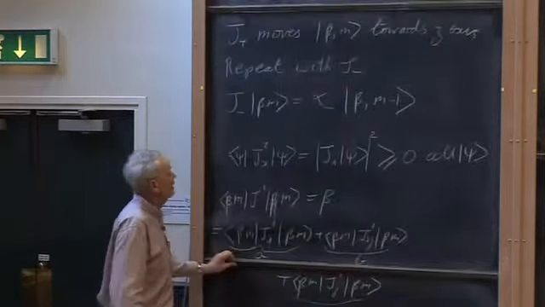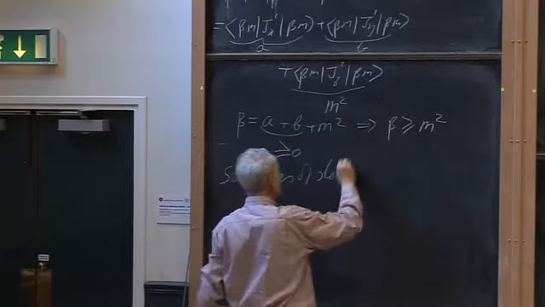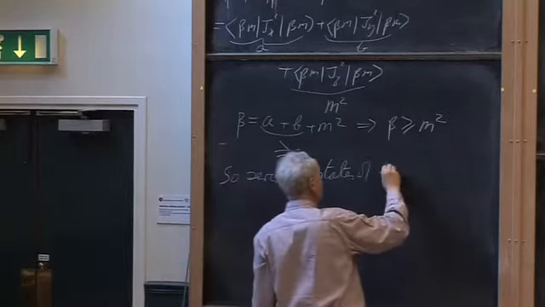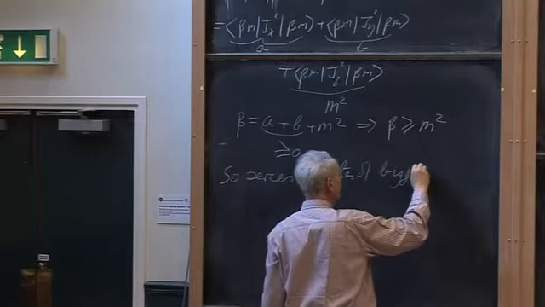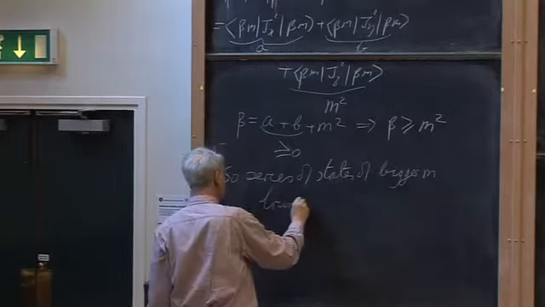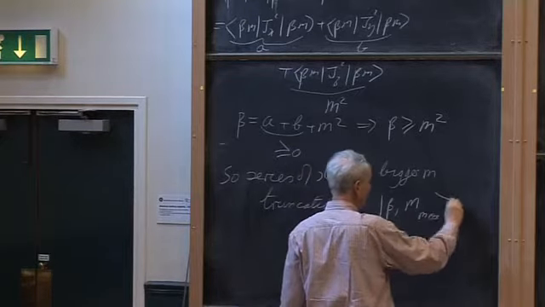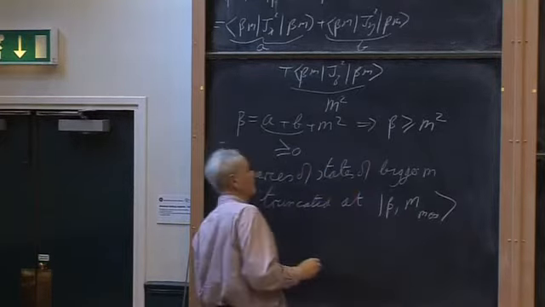What gives is that eventually the series of states of bigger m is truncated at beta m max, for the maximum value of m. How does this happen?